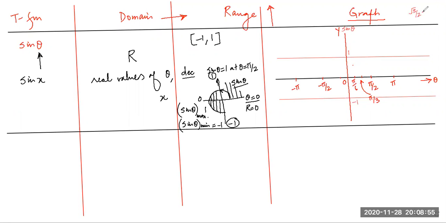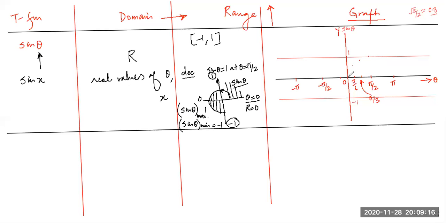Very good. That will be approximately 0.8, if I'm right. So 0.8 will be still closer to 1. So we'll plot it here. Is it right, Ishma? And sine pi by 2 would be 1. So this point will be here.